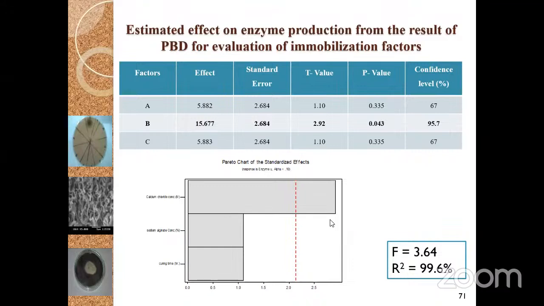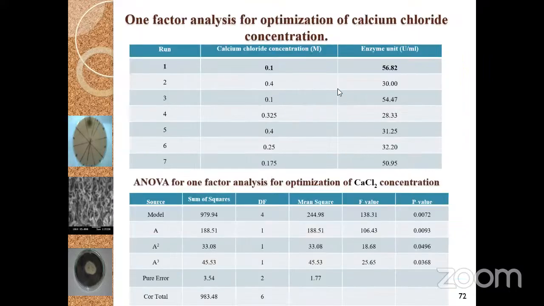As only one factor is significant from this study, we have used the one factor analysis technique for the further studies, because only one factor shows significant activity on the enzyme production, which is the calcium chloride concentration. After this one factor analysis, we found that run number 1, which has the 0.1 molar concentration of calcium chloride, shows the promising enzyme activity.